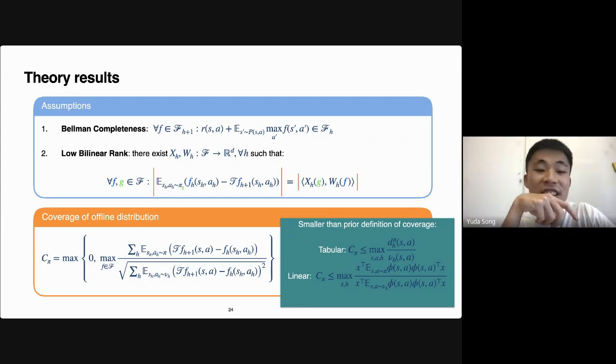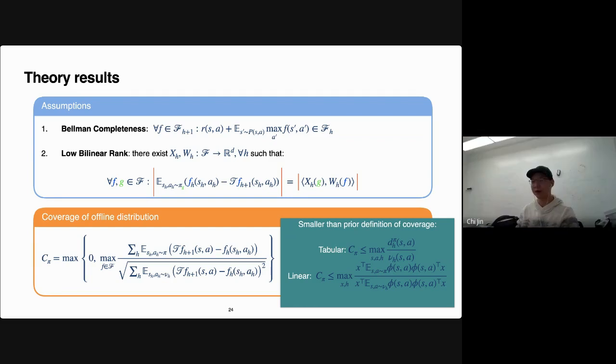Okay, let me see. From what perspective could it be tightened? Because the density ratio seems pretty tight in some sense.